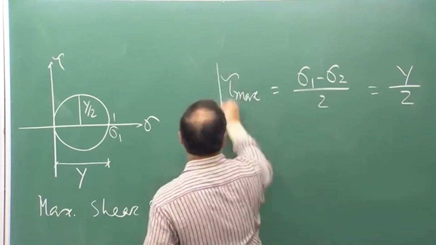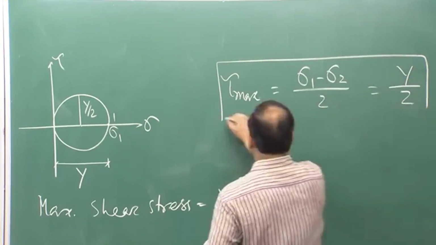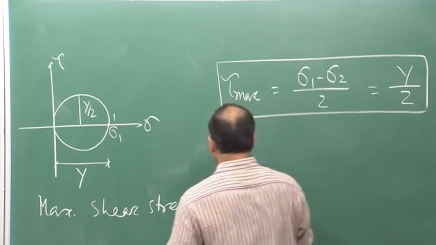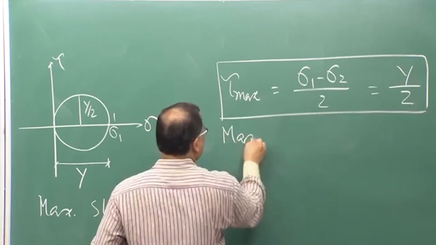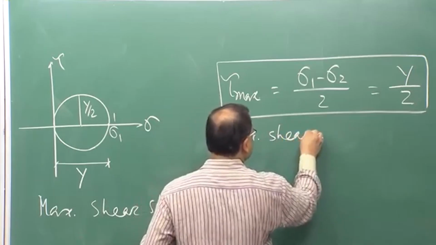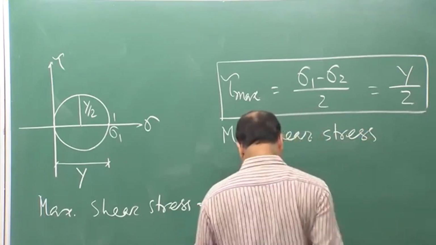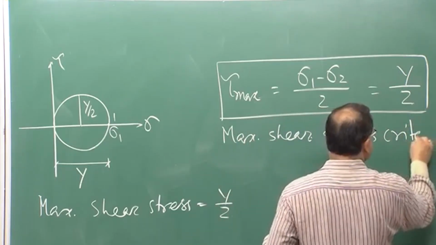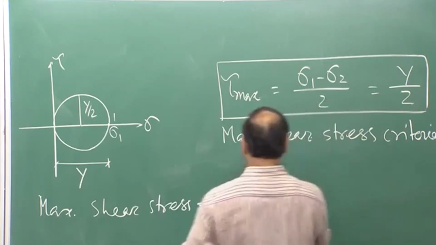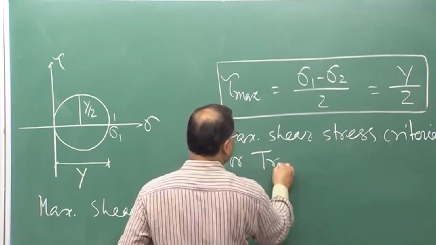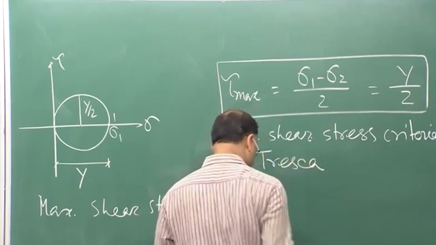So, this is your criterion, and this criterion is known as the maximum shear stress criterion, or popularly known as Tresca criterion.